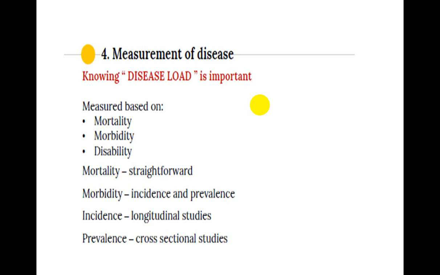Measurement of mortality is straightforward. Morbidity has two aspects, incidence and prevalence. Incidence can be obtained from longitudinal studies, while prevalence from cross-sectional studies. Descriptive epidemiology may use a cross-sectional or longitudinal design to obtain estimates of the magnitude of health and disease problems in human populations.